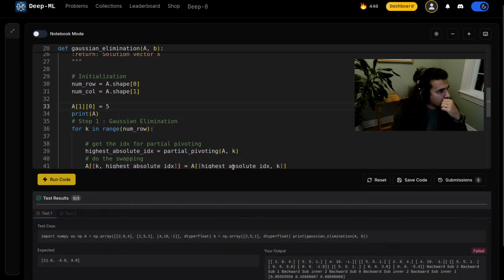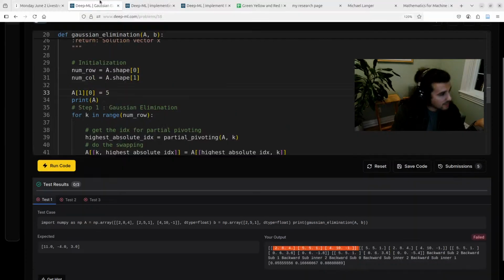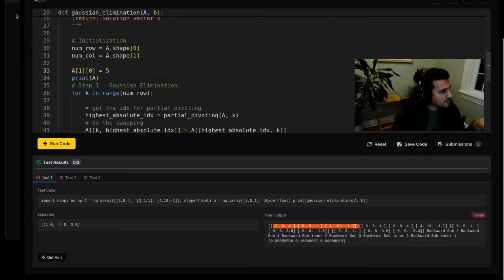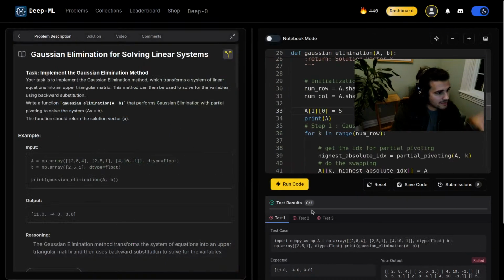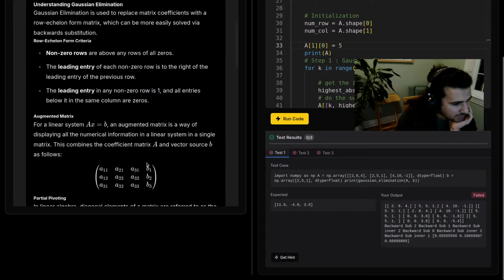We're staying at row 1, column 0. Okay, 5, 5, 1. This is it. Okay, guys, we get it. So this is the exact same thing as what they have, right? Exactly the same thing. So now we can step through it and see exactly where we're messing this up.